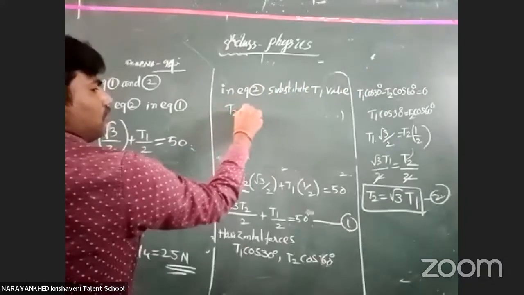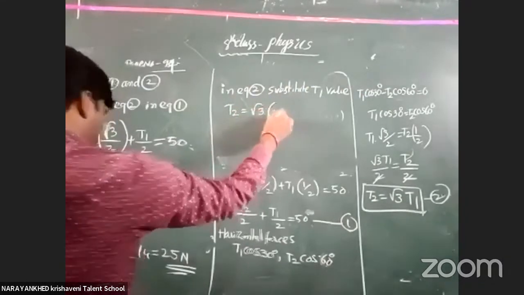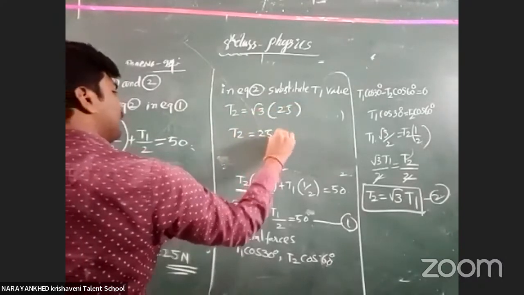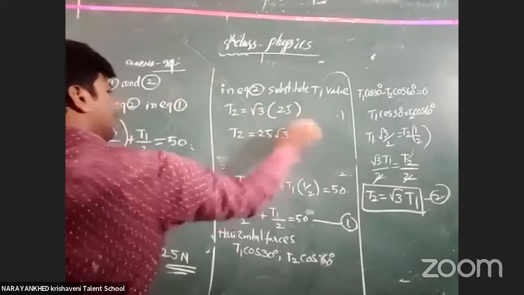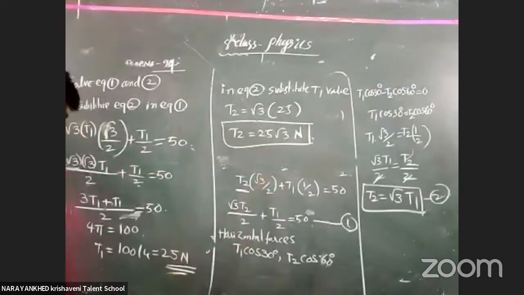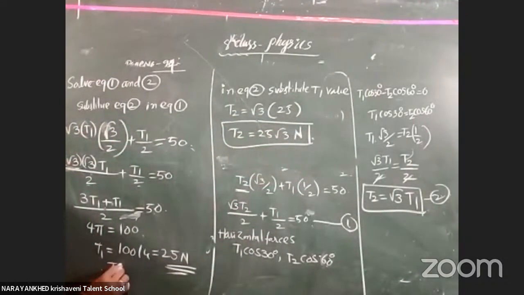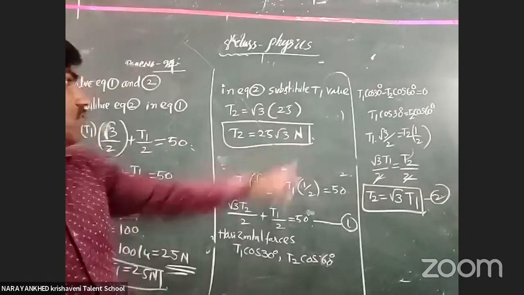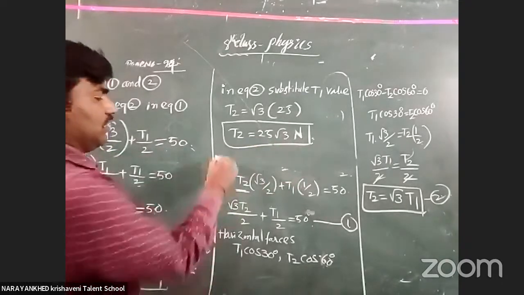T2 is equal to root 3 into 25. Simply T2 is equal to 25 root 3 Newtons. This is also an answer. T1 is equal to 25 Newton is an answer, and T2 is equal to 25 root 3 Newtons is also an answer for this question.